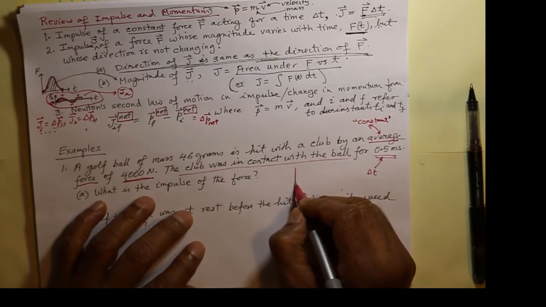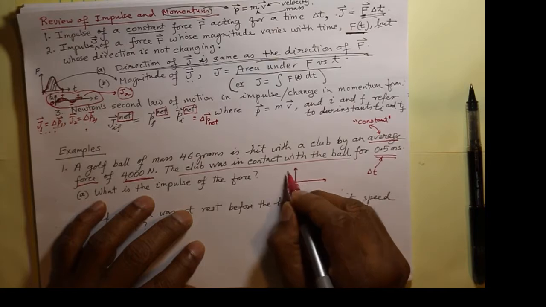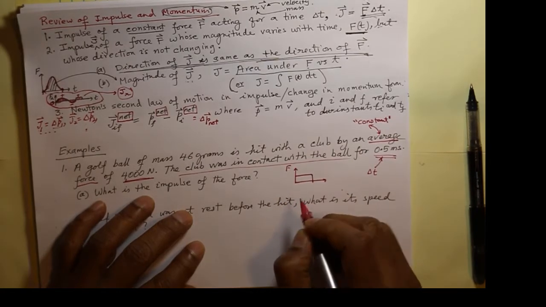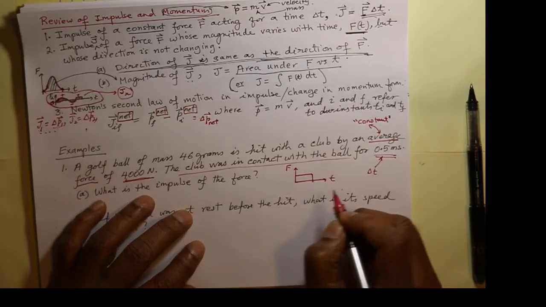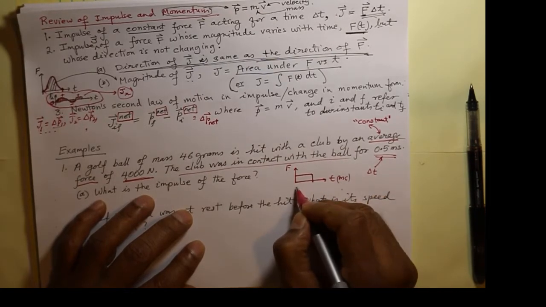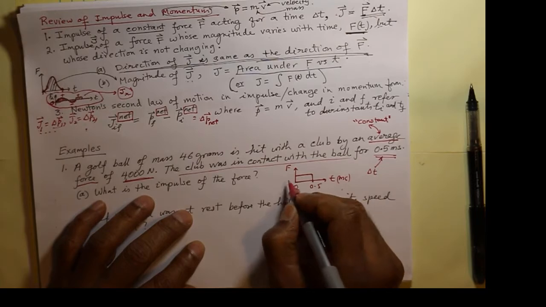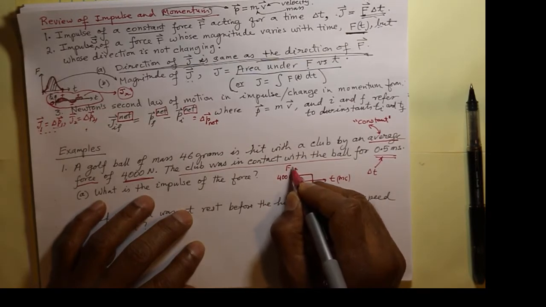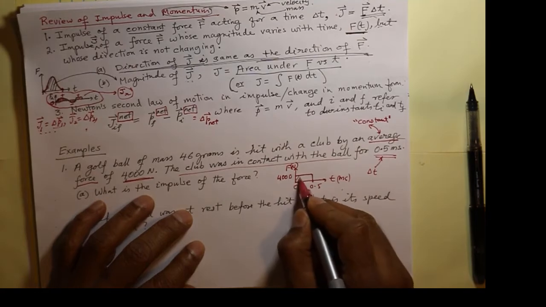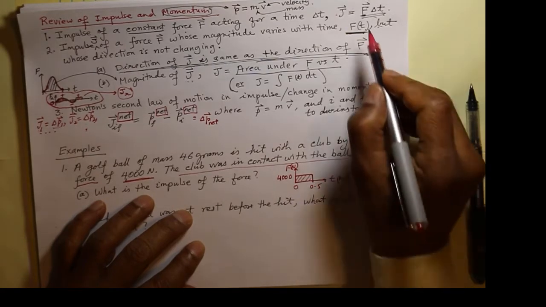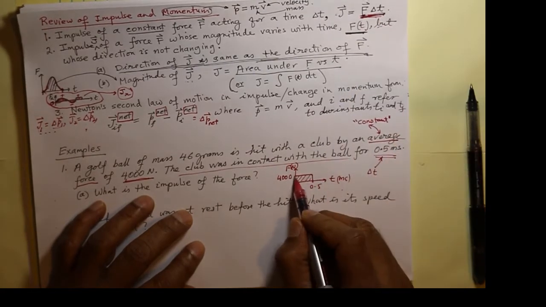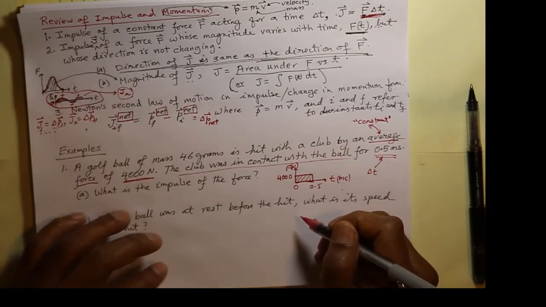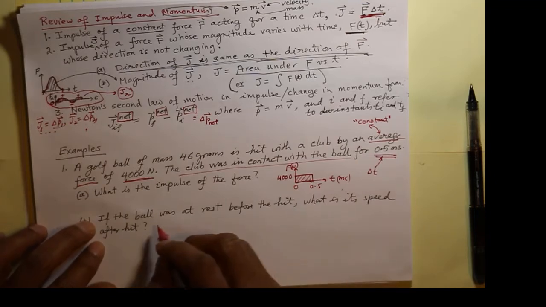If you were to plot this, it will look like F average for that time. This is t in milliseconds. It's going to be 0, 0.5, and this will be 4,000 Newton. So this area is the same thing as just multiplying the force with the delta t. So the two definitions are consistent and agree with each other.